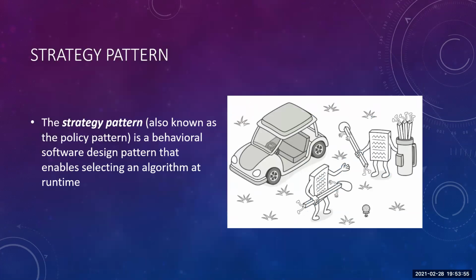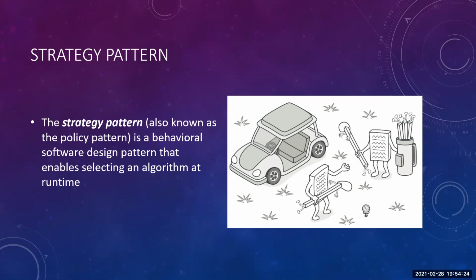Let's quickly go into the heart of this session, the strategy design pattern. By the bookish definition, which you can find anywhere on the internet, the strategy design pattern, also known as the policy pattern, is a behavioral software design pattern that enables selecting an algorithm at runtime.